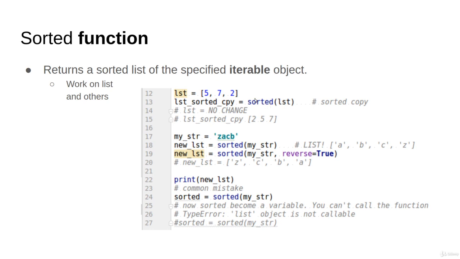As I said, sorted is more general. It can take a sequence like a string. If you try to sort this string, you will get a list of sorted items. Notice, this is a bit counterintuitive: you would feel that I'm giving it a string so it will return a string, but it will actually return a list. In a similar way, you can write reverse equals True to get them reversed.